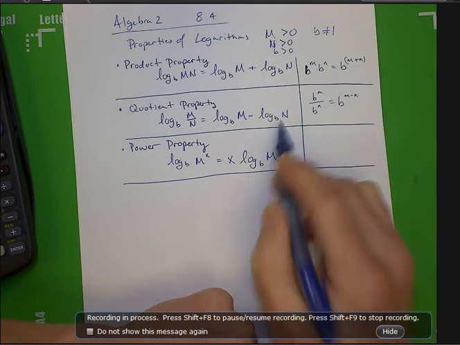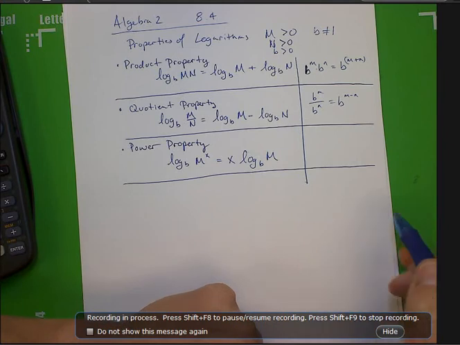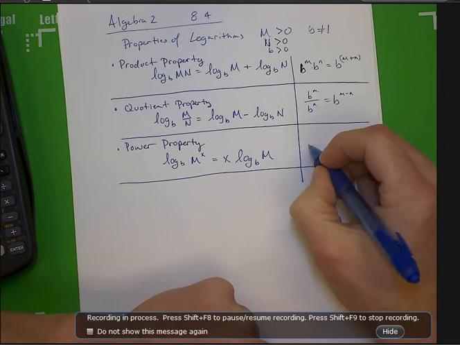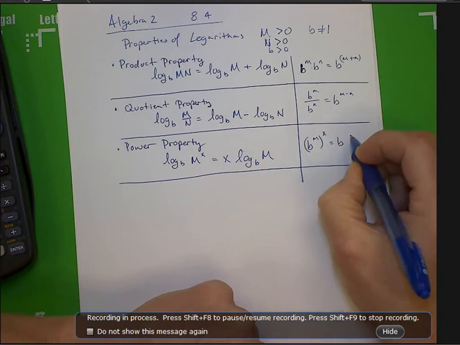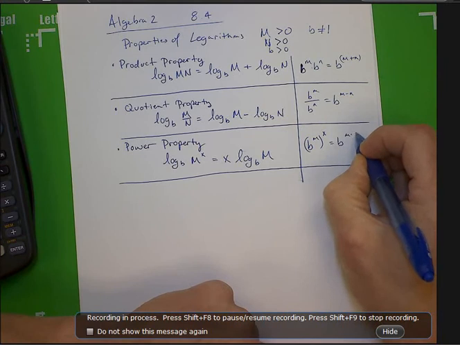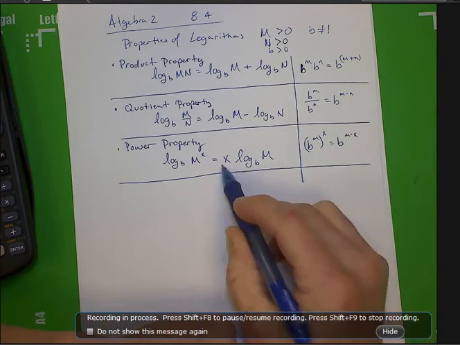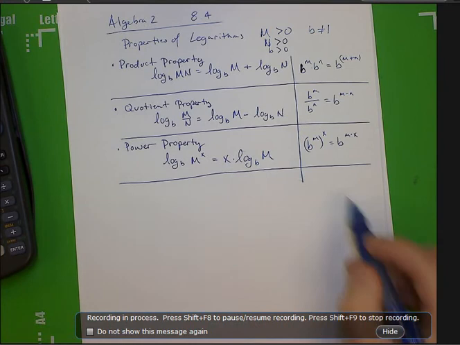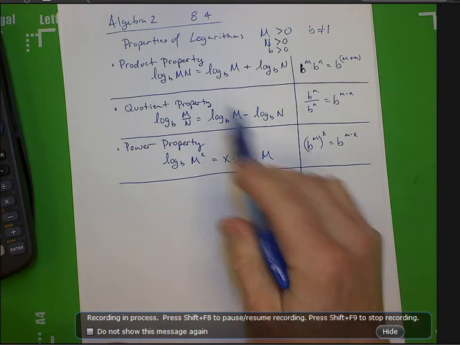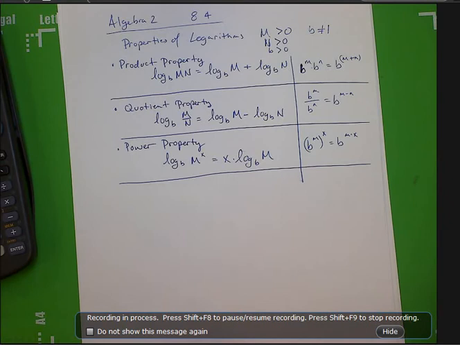Once again, see how that works. And finally, if I said b to the m to the x, that's equal to b to the m times x. And you can see how we're multiplying now to get that. So you can see how those properties all relate, because these are inverses of the exponential properties. So they should all work very well together.